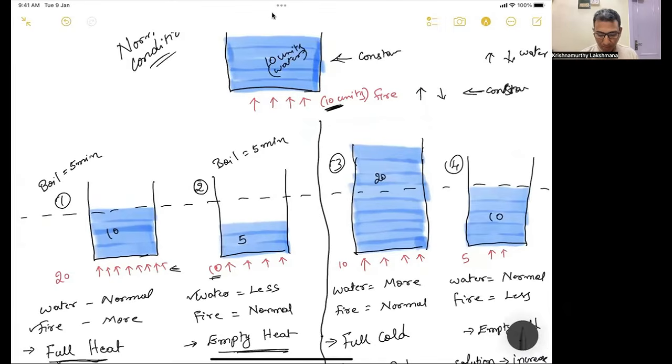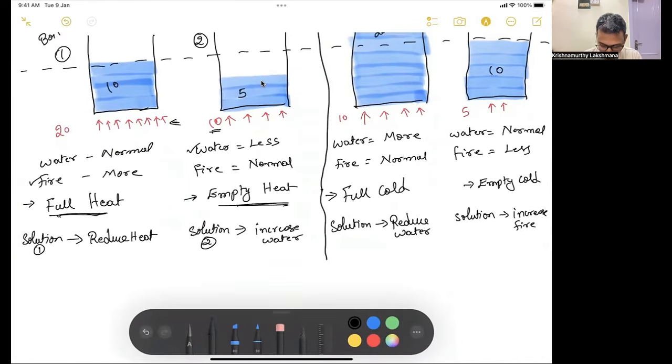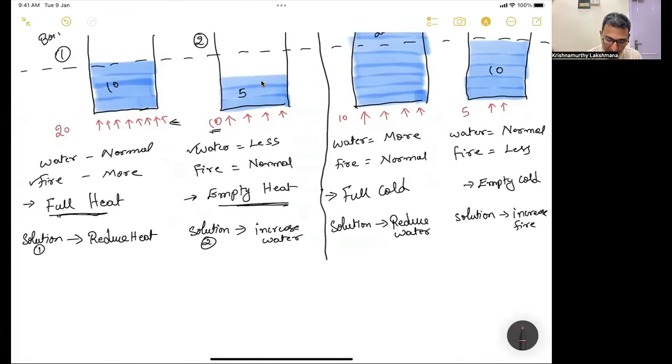Okay. So here the boiling time will be equal, in 20 minutes. Here also boiling is in minutes. Okay. What is another name for this empty heat? Another name for this empty heat is Yin deficiency.